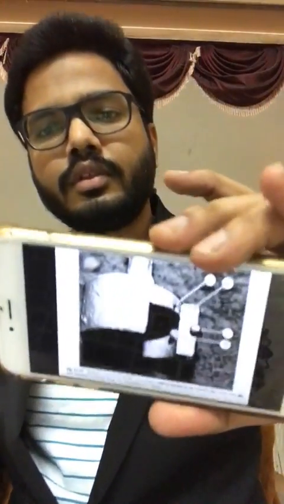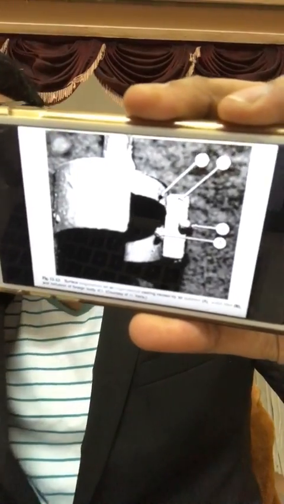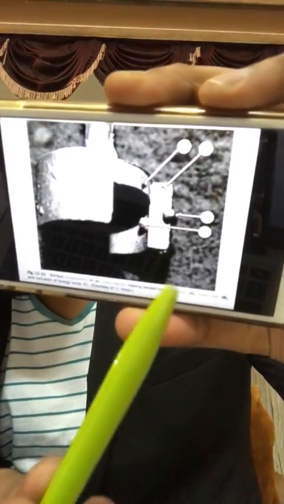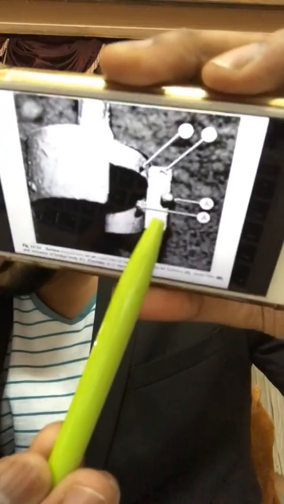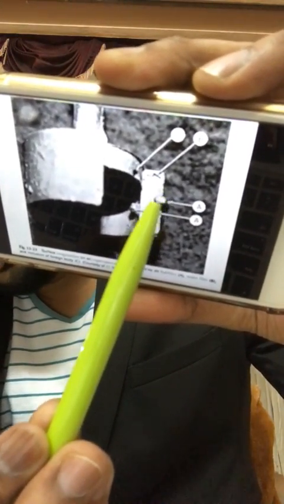So he's showing image 1223, and as you can see here, if you look at this projection, this round structure, this is a nodule, right?